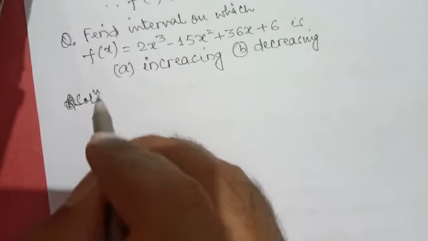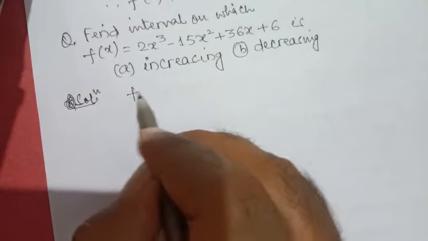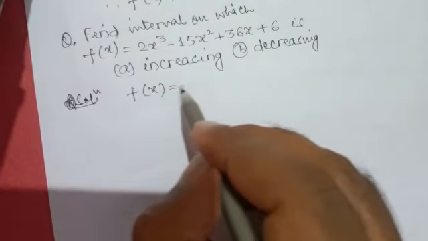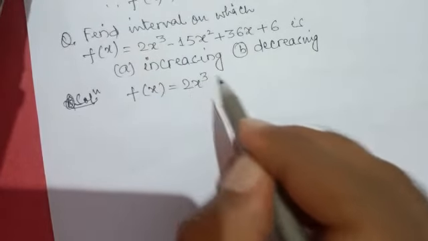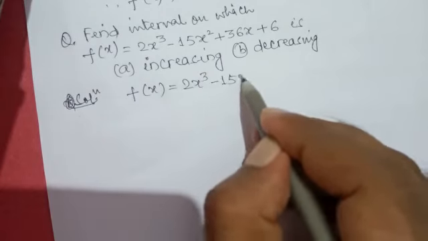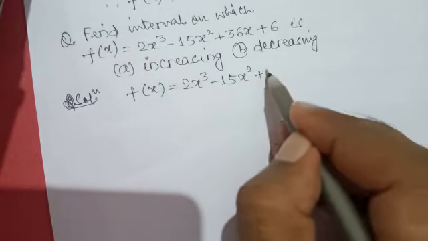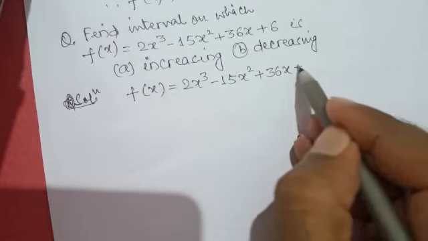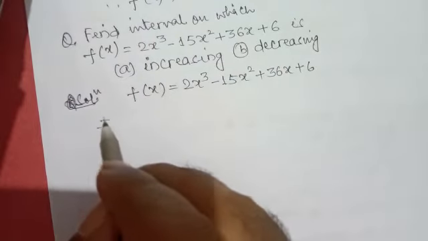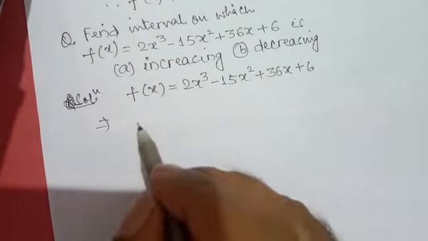What is given? It is given f(x) is equal to 2x cube minus 15x square plus 36x plus 6. Now differentiate both sides.